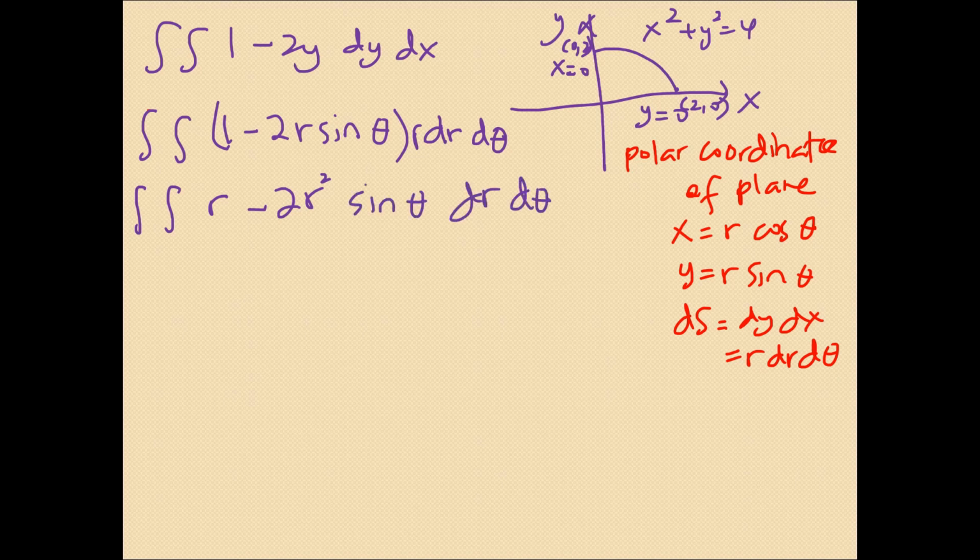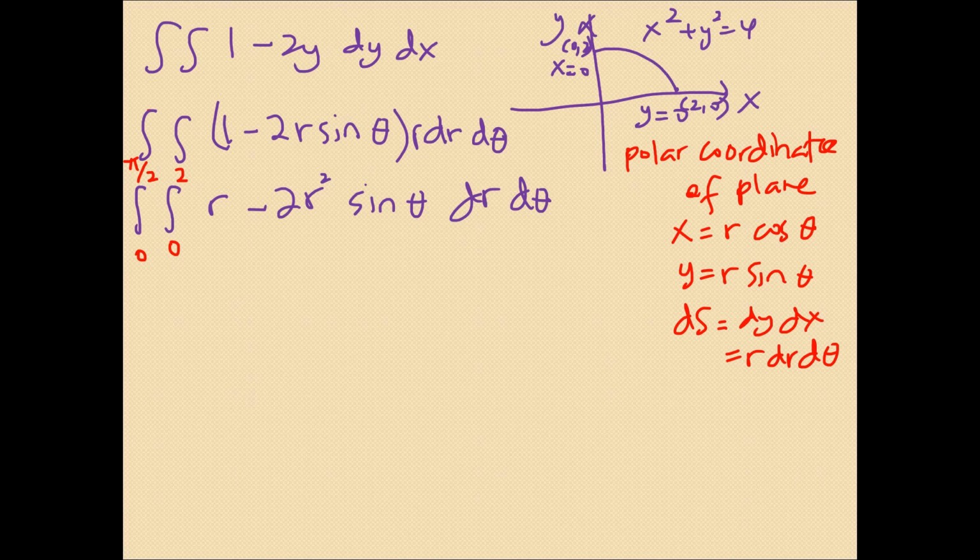Now, how about the limits? Radius, very easy. It is 0 to 2, because the radius is 2. Theta is 0 to pi over 2 because it's a first quarter circle.